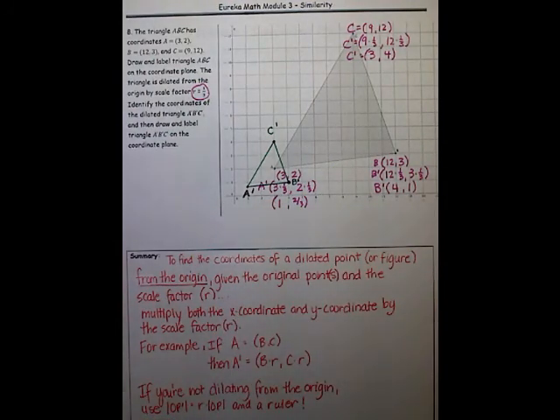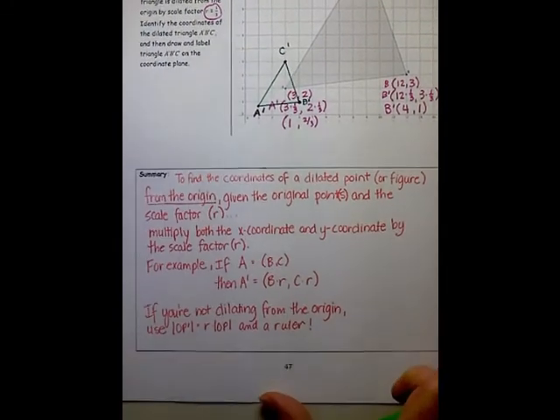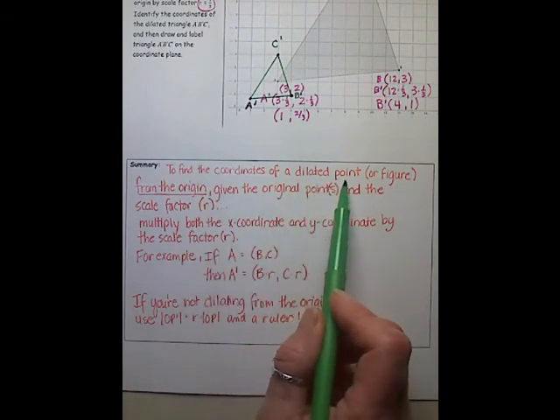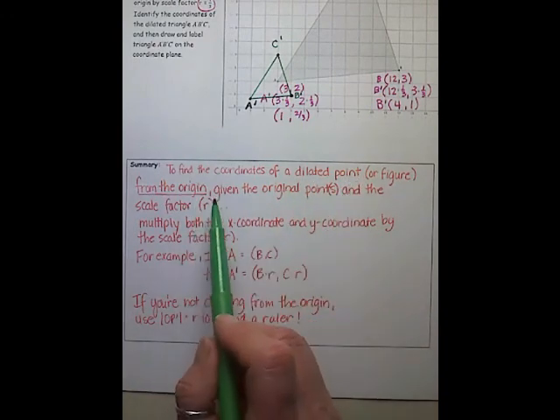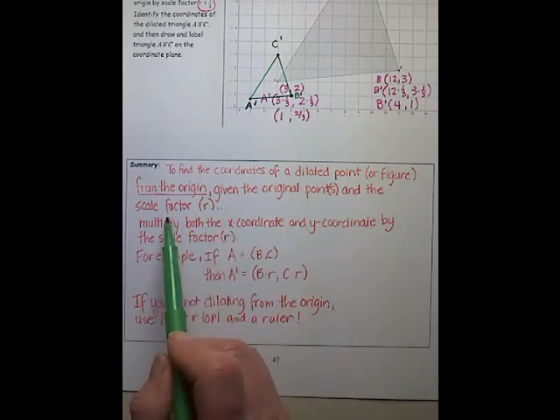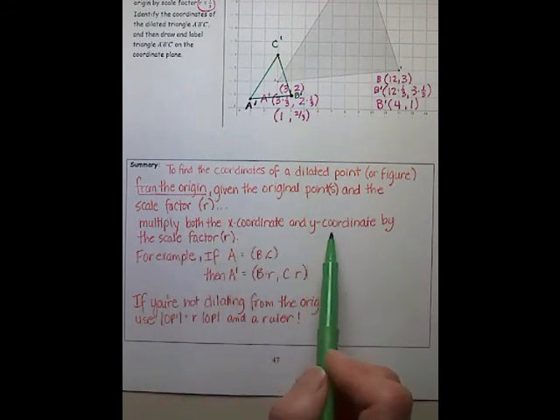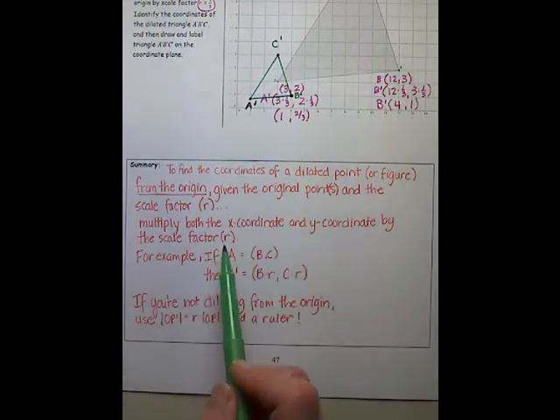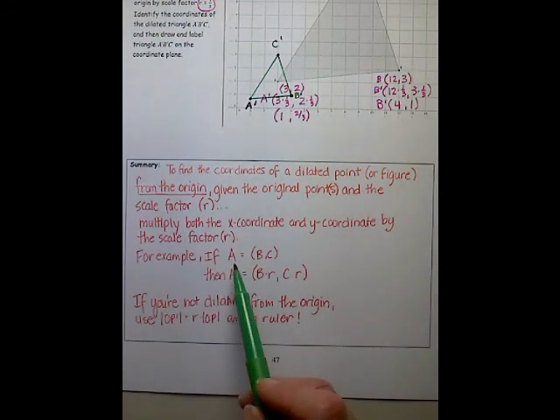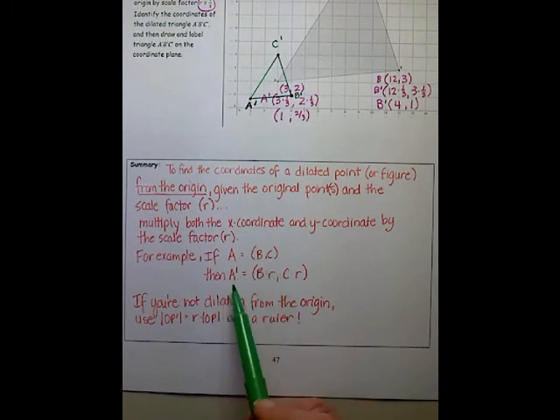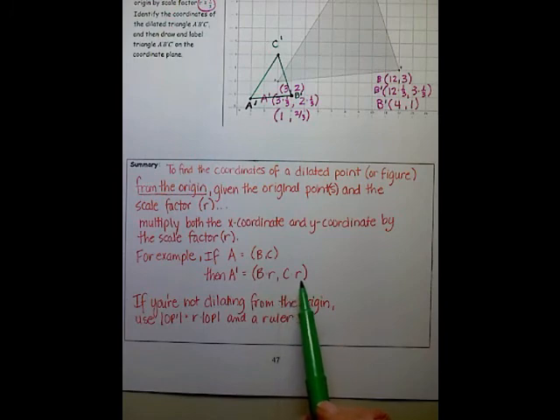Let's summarize what we've learned in this lesson. To find the coordinates of a dilated point or figure from the origin, given the original points and the scale factor r, multiply both the x-coordinate and the y-coordinate by the scale factor r. For example, if point A has the coordinates b, c, then A prime will equal b times r and c times r.